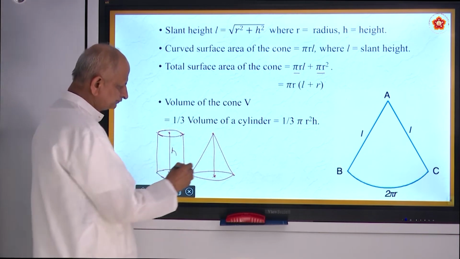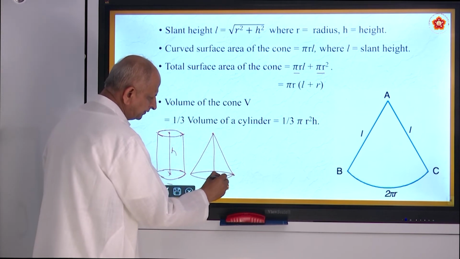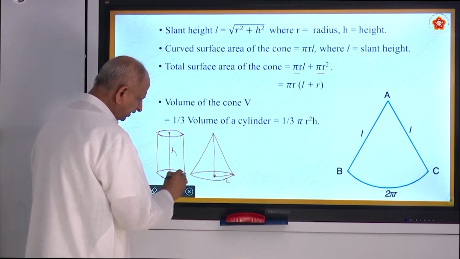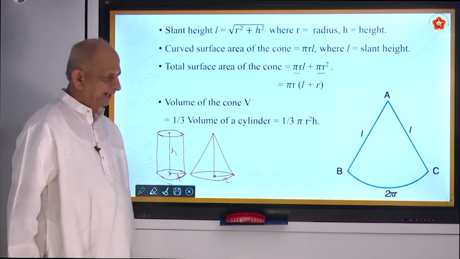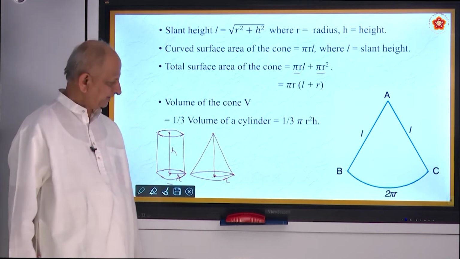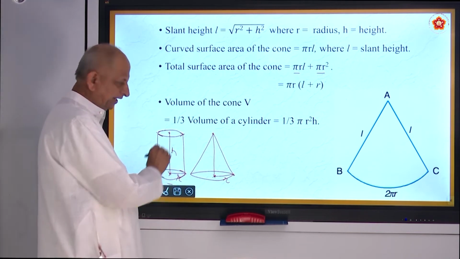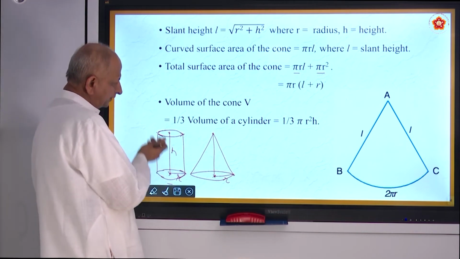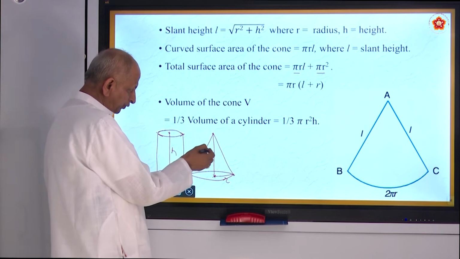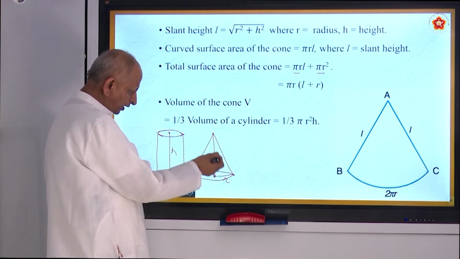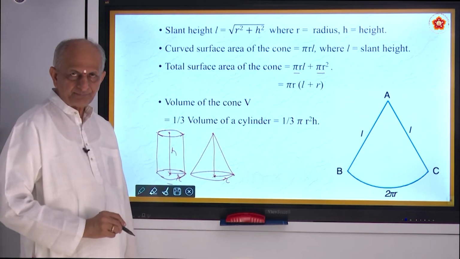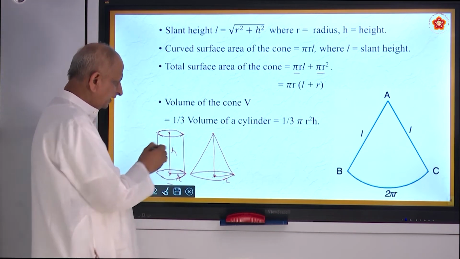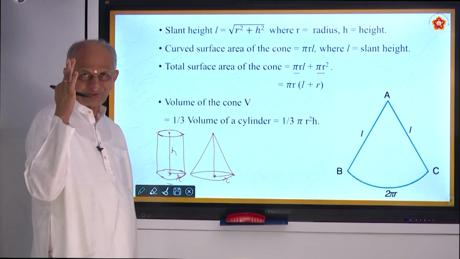Are you following? Radius of the cone and radius of the cylinder must be same. Height must be same. If you fill it with sand or sugar or whatever small particles, and you take this cone also and fill it with sand, to fill the cylinder we want 3 cones.